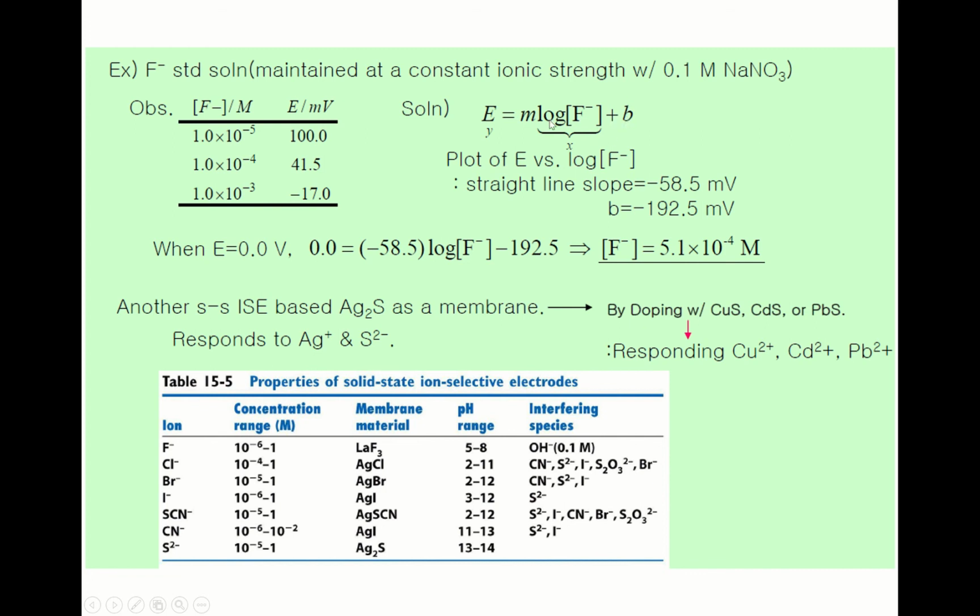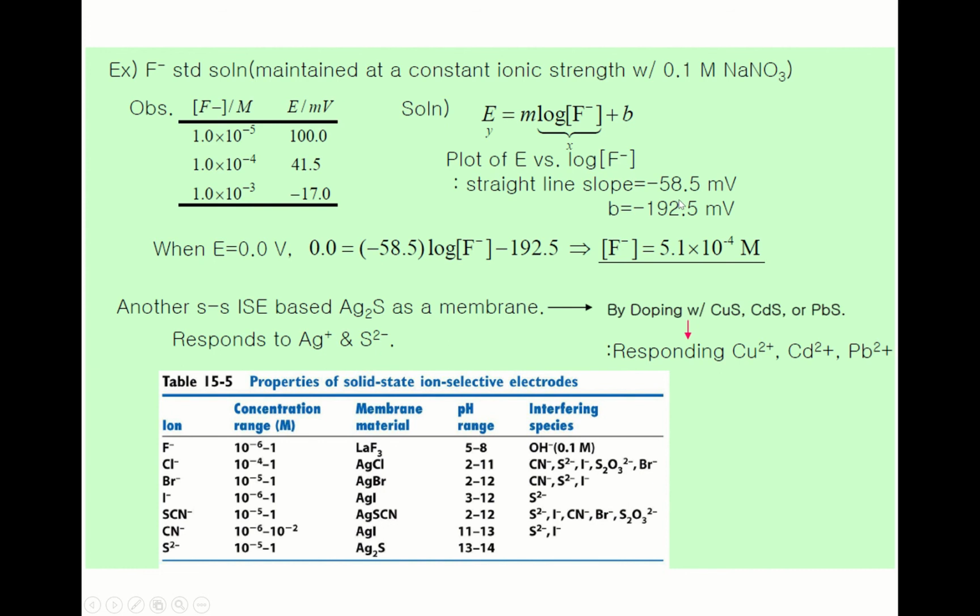This is a first order equation, and it should give a straight line. Now plot the log of fluoride concentration on the x-axis and potential on the y-axis, and you get the slope and the intercept.